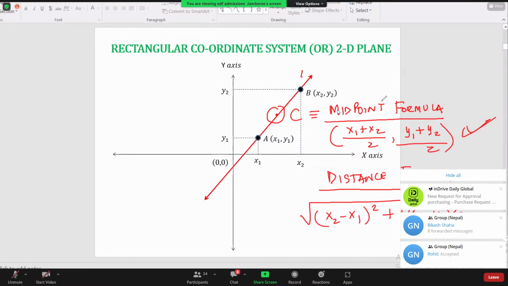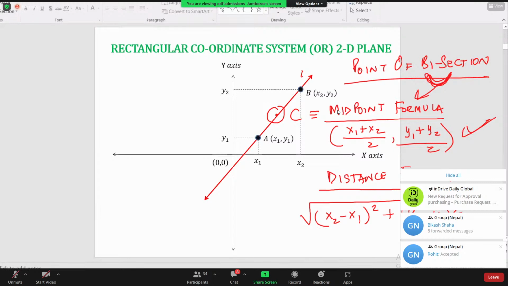So you can be asked the midpoint of the line segment, or you can be asked the point of bisection. Simply remember, bi means two, section means part. So two equal parts relates to the context of bisection, which can be calculated by the midpoint formula. These are the two basic formulas you need to relate to the idea of this chapter.